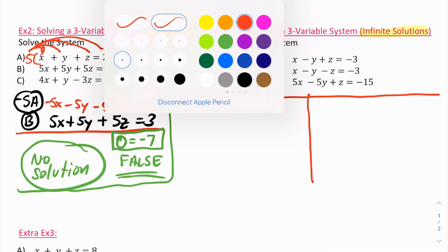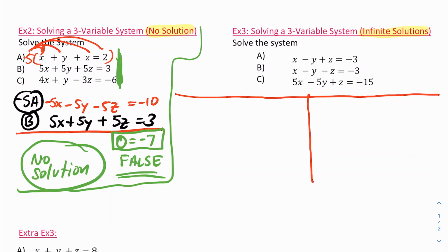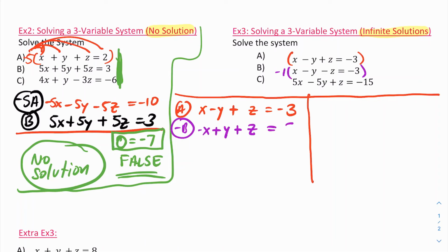So I'm going to leave the top equation alone and multiply the bottom equation by negative 1. Okay? So equation A is going to stay equation A, which is x minus y plus z equals negative 3. And then equation B, I'm going to multiply by negative 1, so it just changes the sign of everything. So negative equation B, which is negative x plus y plus z equals 3.